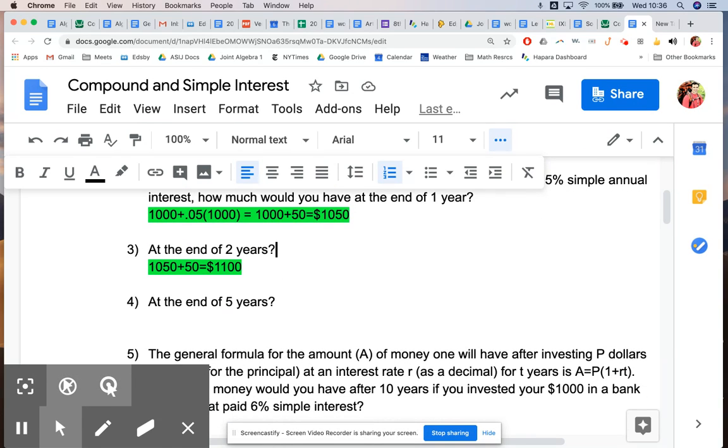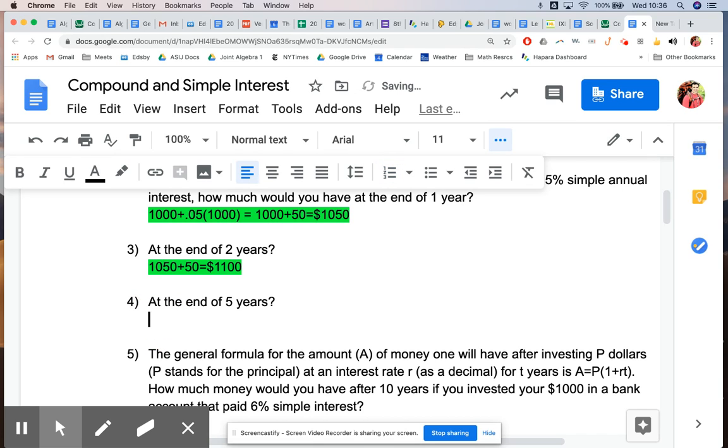And I could do this for the end of 5 years as well. I could keep adding $50 and $50, or I could simply start off with my $1,000 and multiply that by 1, which is 100%. I know that I'm going to keep the 100% value. I'm not going to lose that. But on top of that, I am going to add another 5%.